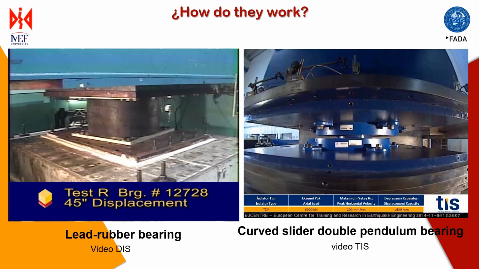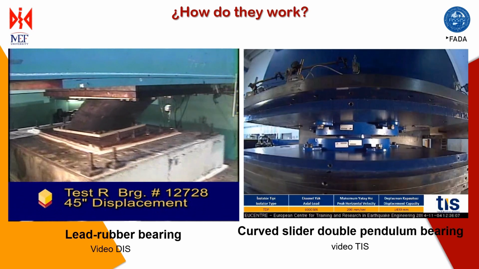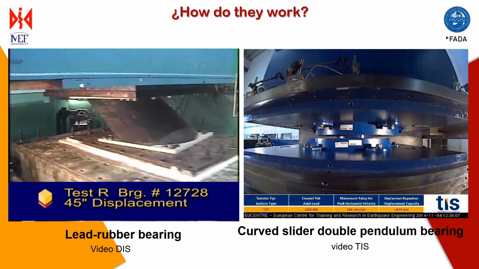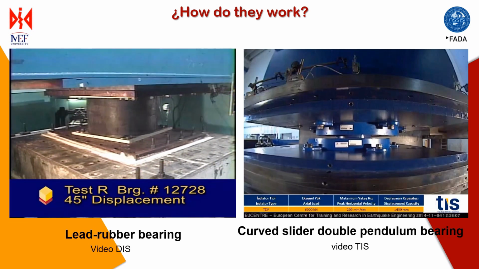This is the way an elastomeric lead rubber bearing works. The upper plane would be the building, and this would be the ground with an earthquake.